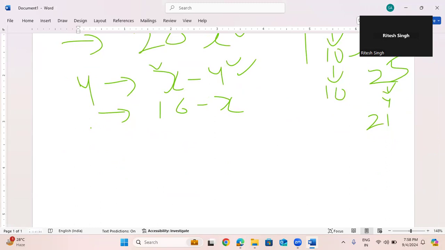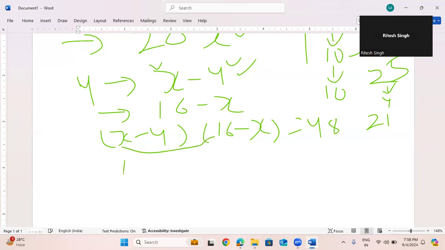Now the question is saying the product of their ages is 48. So we write the product is equal to 48, whatever the question is saying. Now we will multiply: x into 16 is 16x, x into minus x is minus x square, minus 4 into 16 is minus 64, minus 4 into minus x is plus 4x.